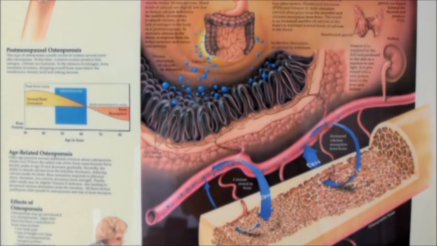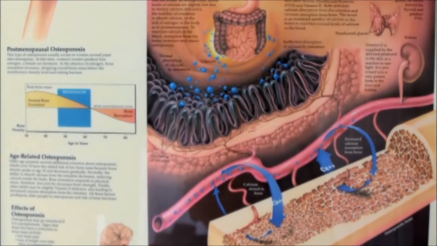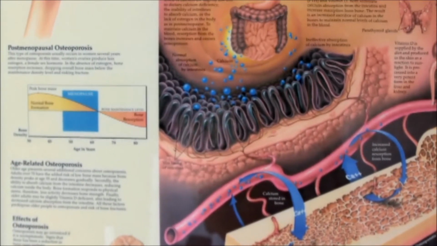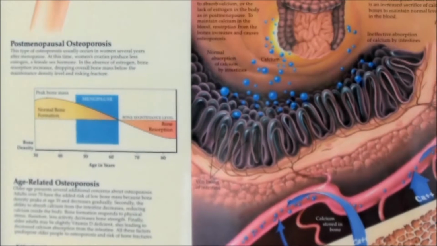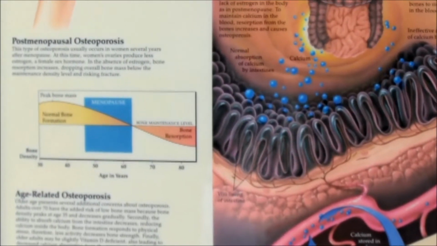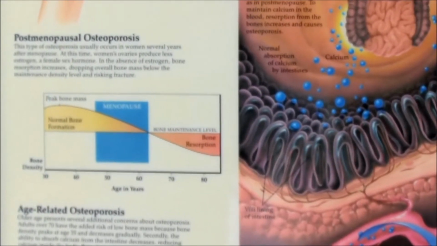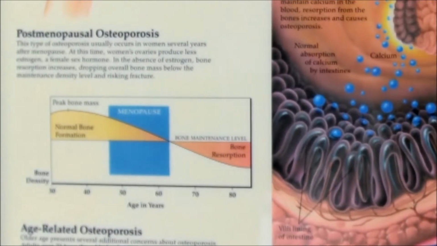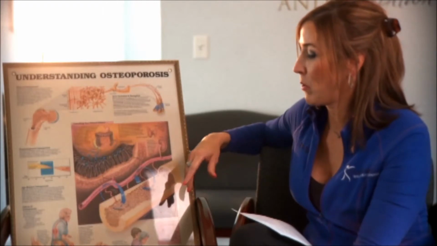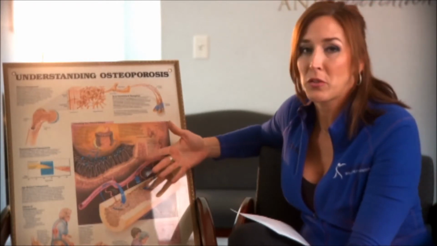Bone gets produced at the highest rate when you're 35. Once we get to menopause or andropause, it gets produced at a lesser rate. And then after 70, instead of bone being produced at a high rate, bone is resorbed at a high rate. This is when we start to have collapse of the bone. What happens risk factor wise?